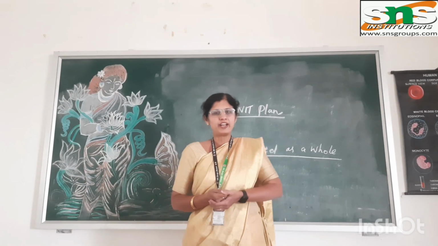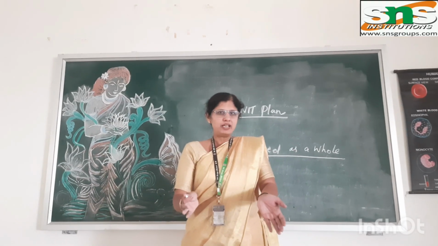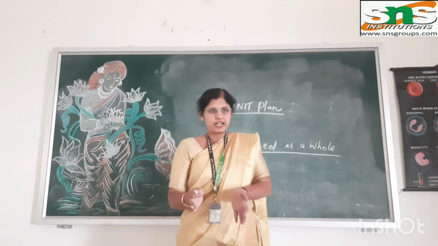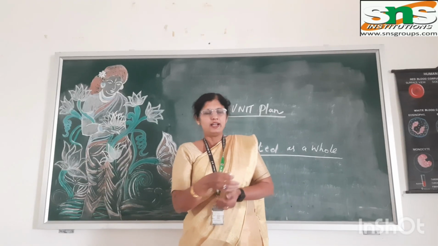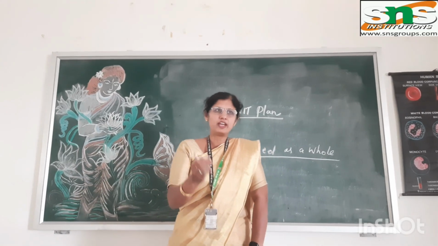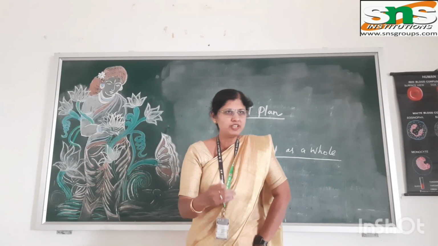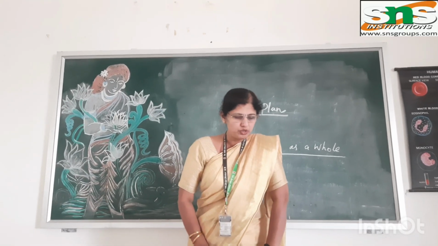For example, we need to teach the bell jar experiment. We need to take the bell jar apparatus first and make it ready so that we can make the students understand it in an effective way. So experiments we have to pre-plan and make prior arrangements for before the students enter the lab.